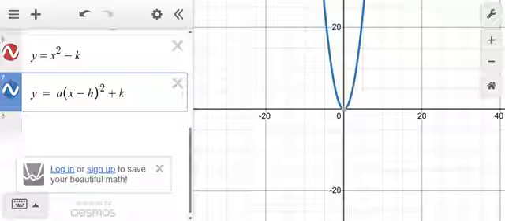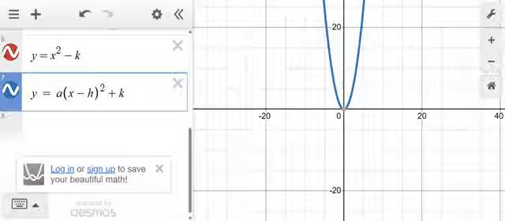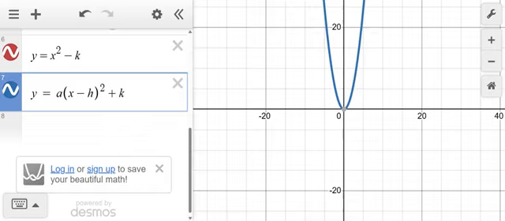Let's see. So when our parabola is y equals x squared, my vertex is 0, 0. When my parabola is y equals x minus 3, I'm like, you're not going to fool me. I know the h is positive. Is it the x or the y that changes? I'm moving side to side.